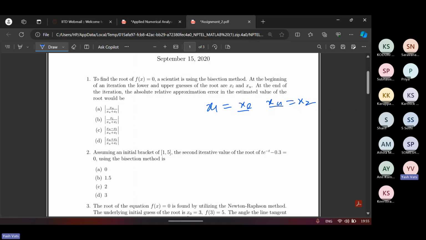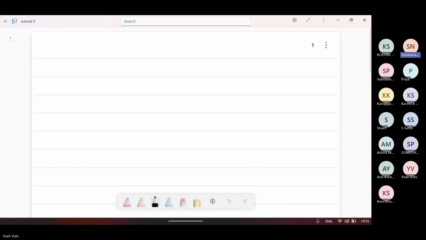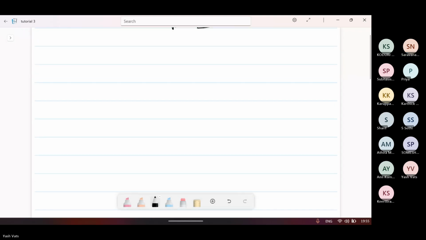So what should be the next closest approximation to the root? What should be that value in the bisection method? I can write on this one here. x1 is xl and x2 is xu.